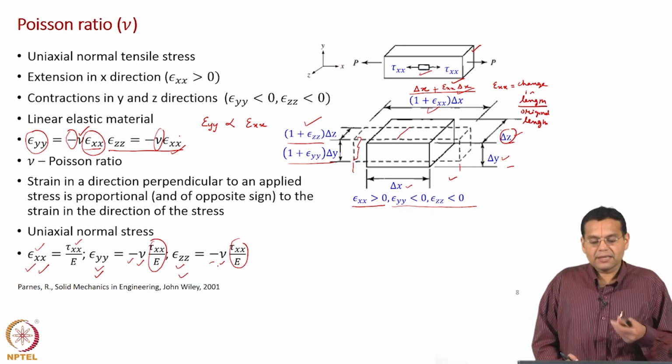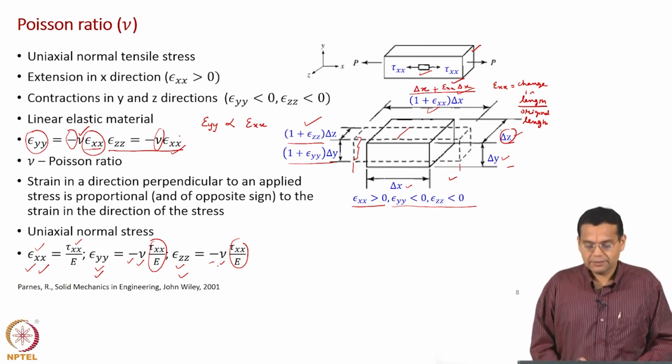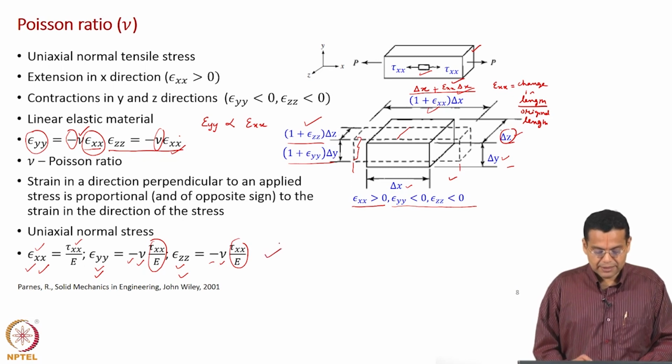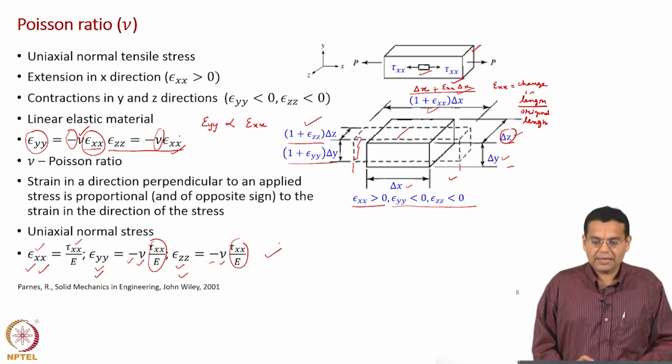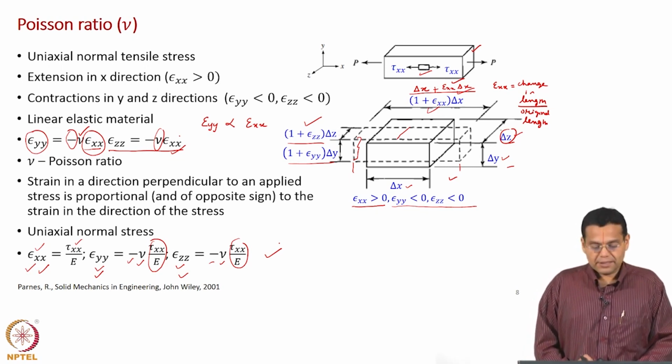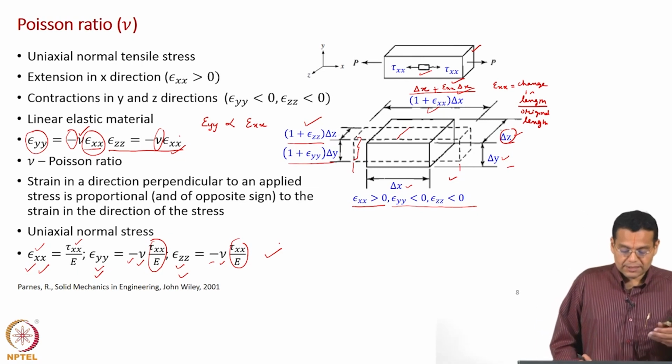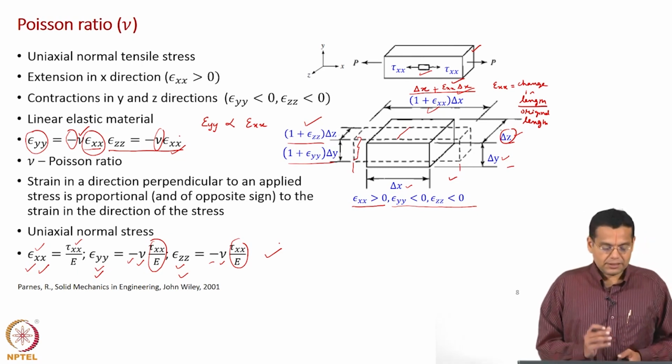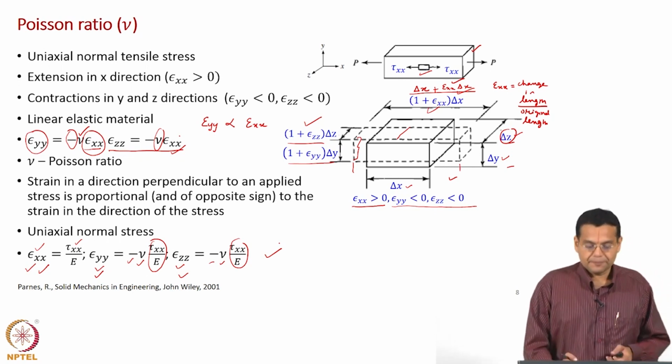Now, we discussed another material property, namely the Poisson ratio, which relates strain in the direction of stress to the strain in the perpendicular direction. Okay. And what we have seen, the equations here, are for when you subject a body to a uniaxial normal stress, what are all the strains in the three directions. Okay. One strain along the direction of stress and strains along the perpendicular directions.